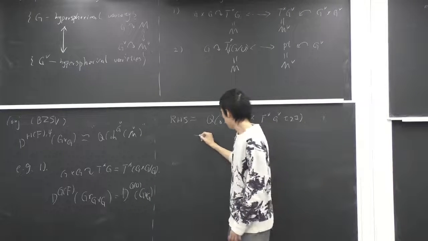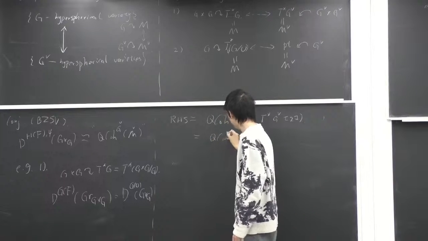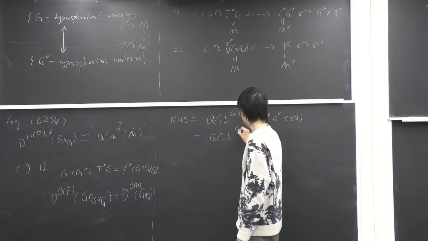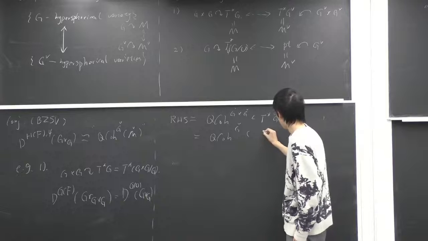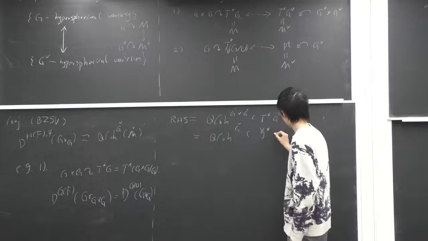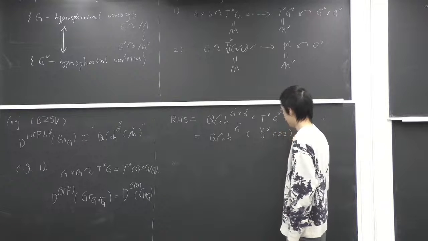This is just equivalent to the category of G check equivariant quasi-coherent sheaves on G check star shifted by 2.